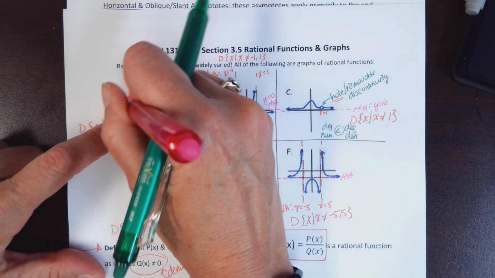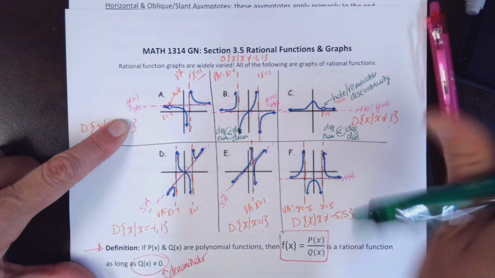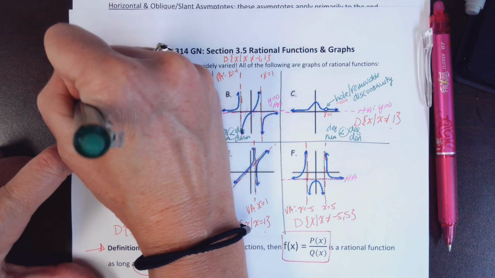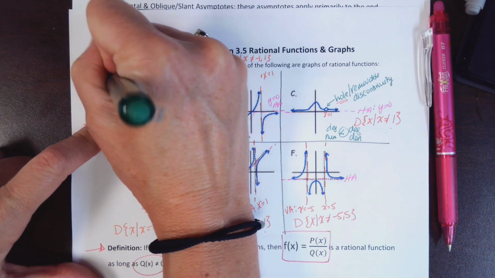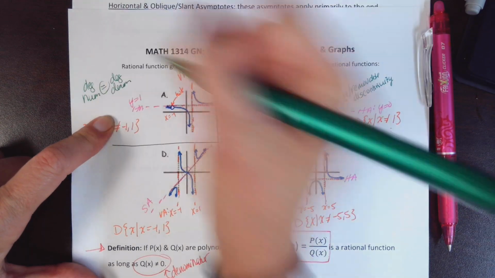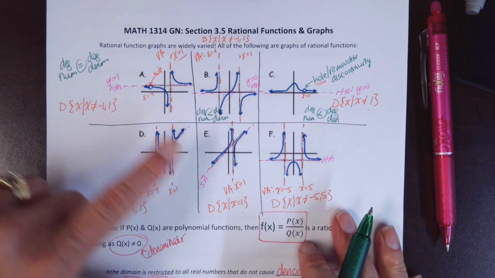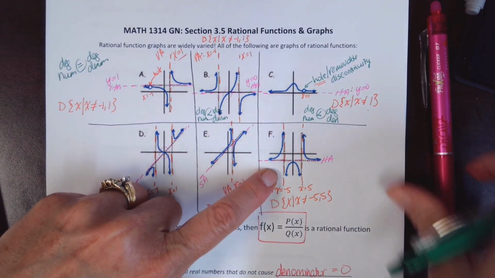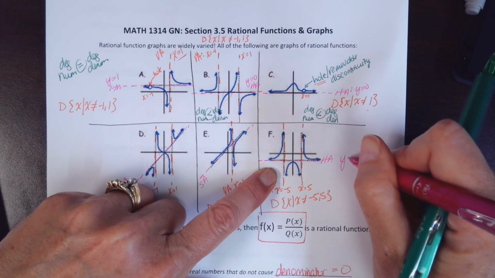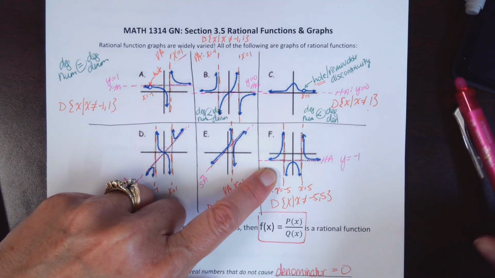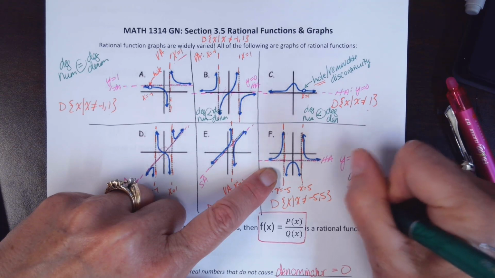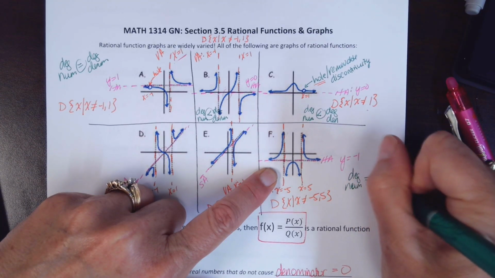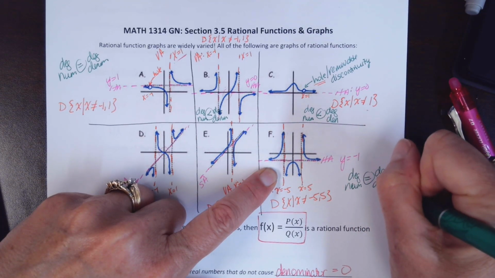Let's say that that equation is y equals 1. That tells me that the degree of the numerator is equal to the degree of the denominator for this function. Over here I have a horizontal asymptote that's been shifted down. Let's say that that's shifted down to y equals -1. So that tells me that for this function, the degree of the numerator is equal to the degree of the denominator.